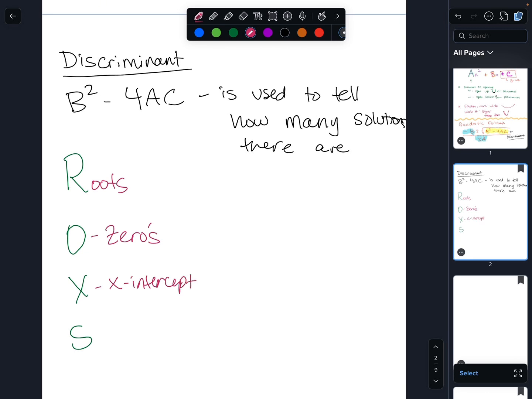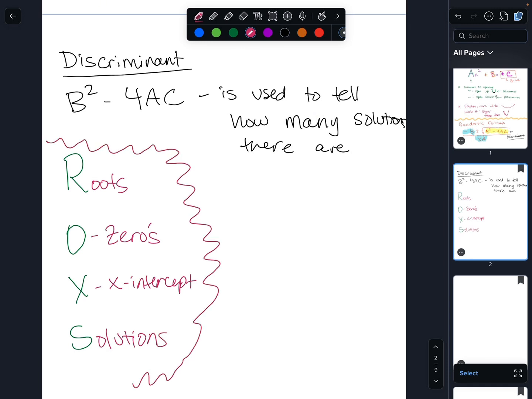And S stands for solutions. And the reason I bring up ROCKS is because roots, zeros, x-intercepts, and solutions all mean the same exact thing. So I can literally say, what are the solutions? Or I can ask you, what are the roots? And I'm asking you for the same information, okay?